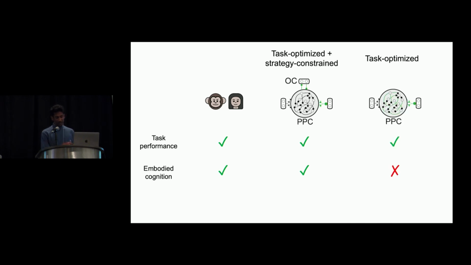But what I did not show you is that one could also have trained a generic RNN to do this task, which can get you good performance, but by construction, cannot explain the specific strategy used by animals. So the one final question that's left to answer is, do we actually gain something by building the strategy into this model? So let's look at the neural representation.